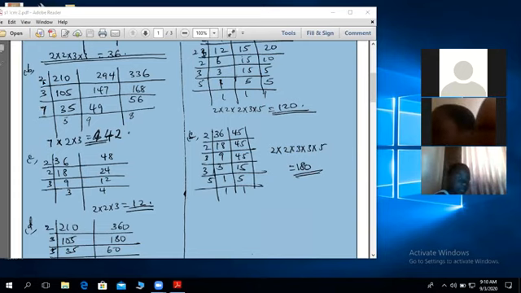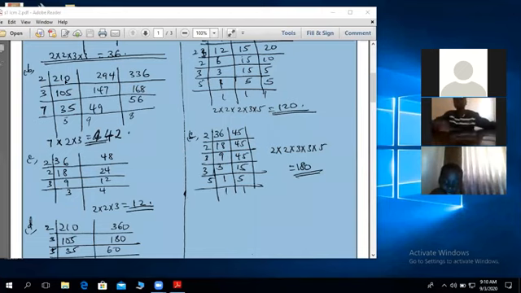But what I realized is most of you are doing this with your head. You are not using a calculator. This is not primary where we tell you not to use a calculator. Feel free to use your calculator and get accurate answers.